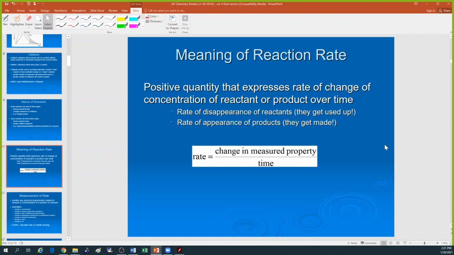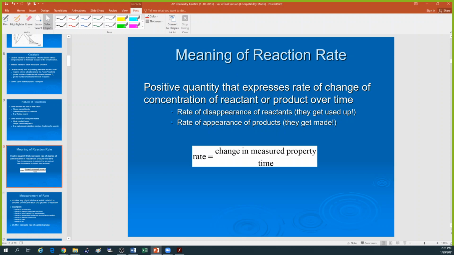As long as there's some measurable property and we can watch it happening over time, we can get a rate. This is literally just the rate formula from when you were in grade school: rate times time equals distance. It's the same idea.